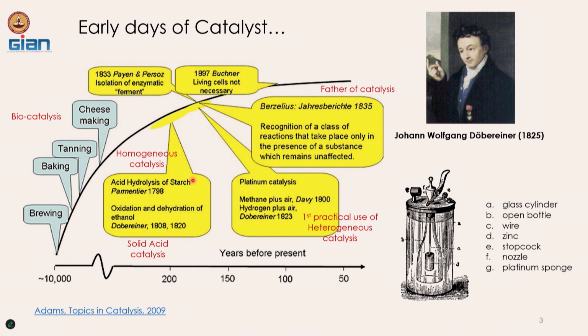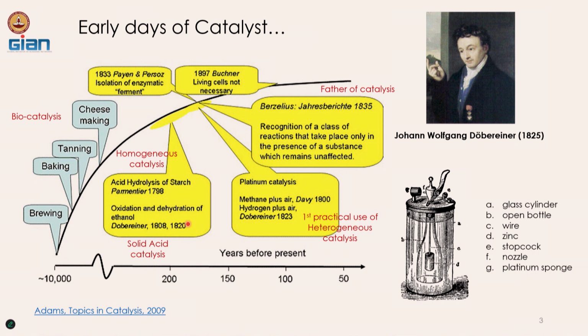That was the first instance of homogeneous catalysis, and the first instance of heterogeneous catalysis, or the solid acid catalyst, was on the dehydration of ethanol. If you pass some ethanol vapor over hot aluminum substance, it will convert to ethylene.